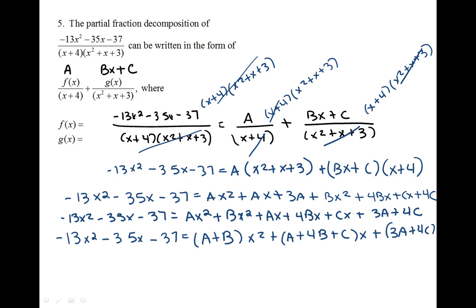So a plus b will equal negative 13. a plus 4b plus c will equal negative 35.